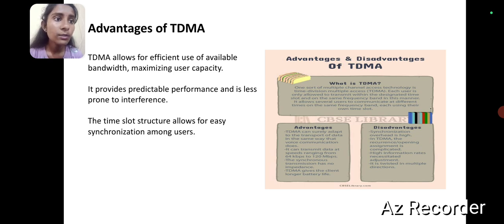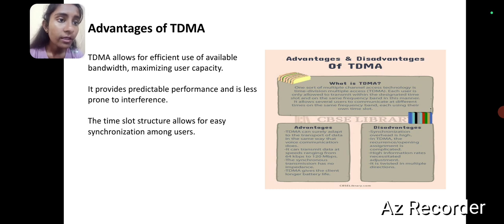So let us see what is TDMA. TDMA is basically one sort of multiple access technology, which is time division multiple access. Each user is only allowed to transmit within the designated time slot and on the same frequency band.